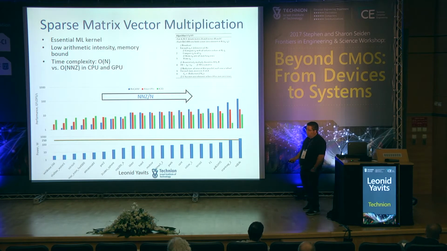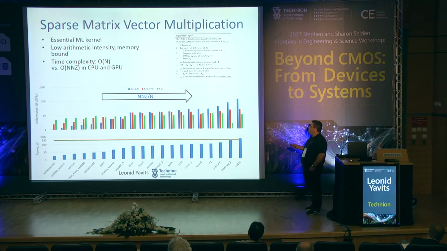One algorithm which we have implemented, and it's actually a class of algorithms, including dense matrix multiplication and sparse matrix multiplication, is called SPMV, sparse matrix by vector multiplication. It's an extremely popular machine learning kernel. If you look under the hood, probably 95% of CPU time is spent on this SPMV when machine learning tasks are running.